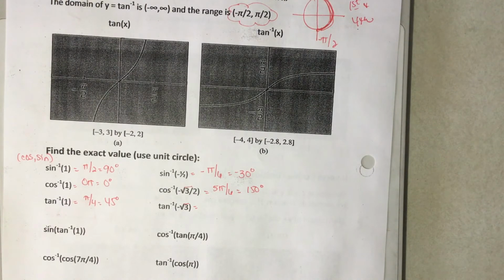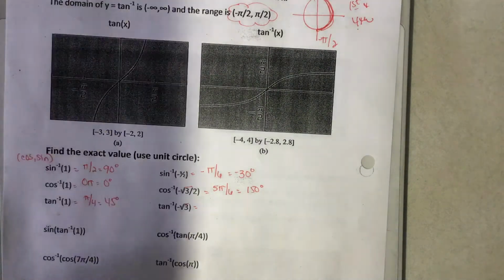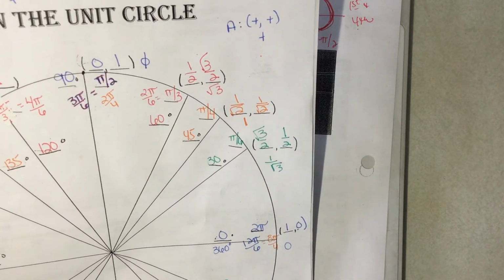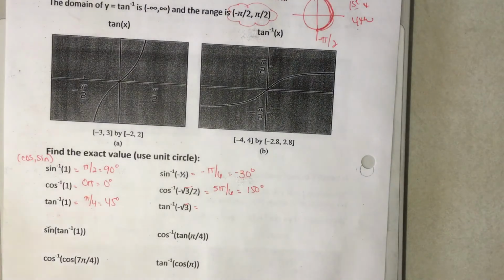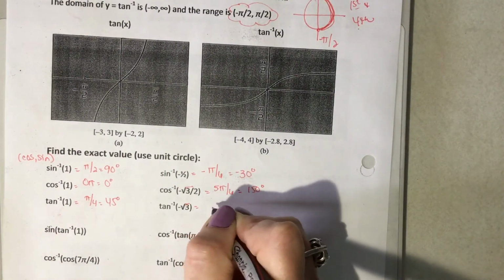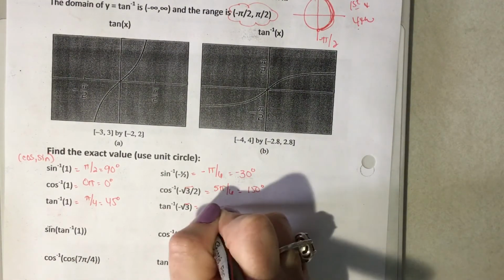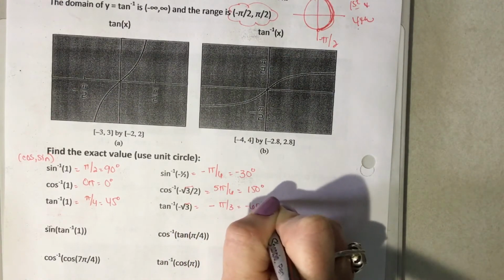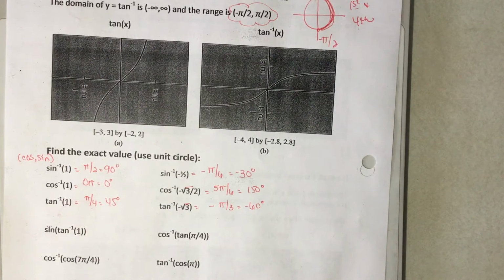Got to have those tangents filled in. Negative 60 degrees, so it would be in the fourth quadrant, down here. It is coordinating with the negative 60, which is negative pi over 3, or negative 60 degrees. Perfect. Questions on that?